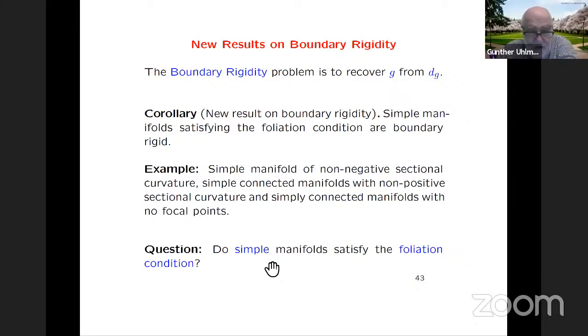I think it's a nice question. This will close the circle in the sense of solving Michel's conjecture completely. In 2 dimensions it is solved. In dimension 3 or higher, we know that simple manifolds satisfying the foliation condition are boundary rigid, but is this foliation condition automatically satisfied for simple manifolds?